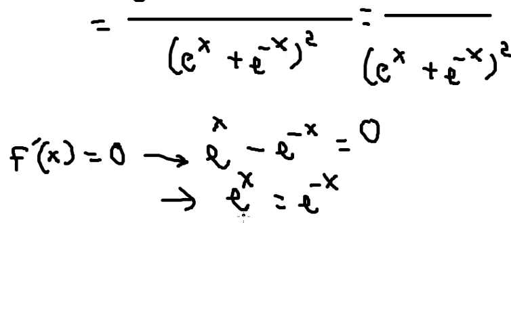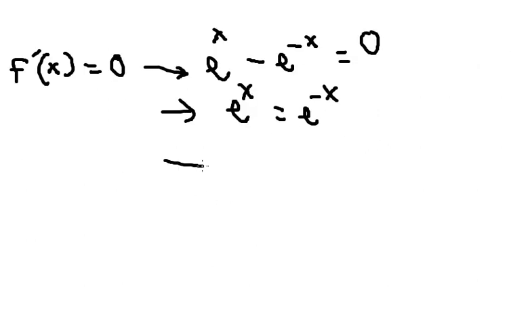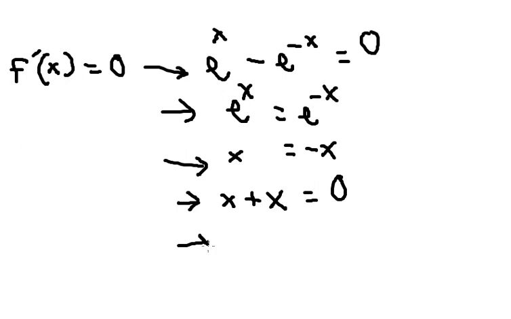Now we have same base of it. We can simplify and we have s equals to negative s. We put this one go to the left and we have like this. s plus s, we have 2s equals to number 0. And now we can simplify and we have s equals to number 0.